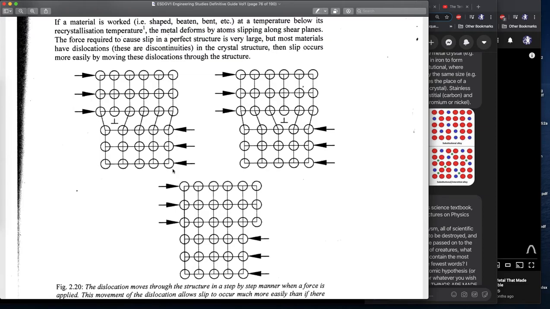Or actually, a better example is a metal coat hanger. I imagine you guys have seen this before, that if you bend a metal coat hanger, you can bend it back and forth. Sometimes you can bend it just a little bit and it will spring back. But if you bend it enough, it will hold its shape. So we know that steel has a limit to how far it can be stretched before it permanently changes shape.